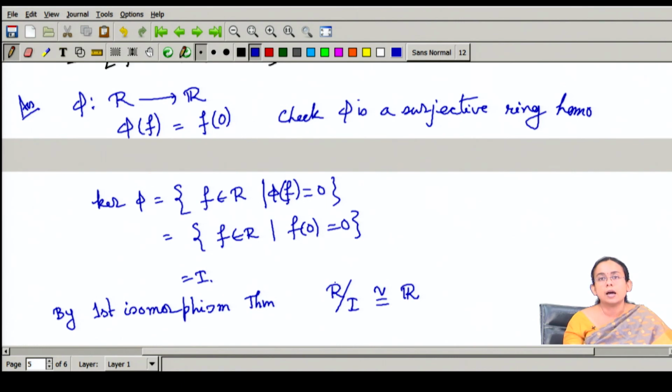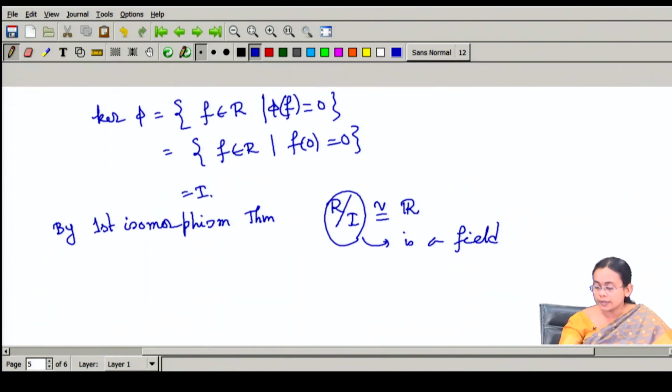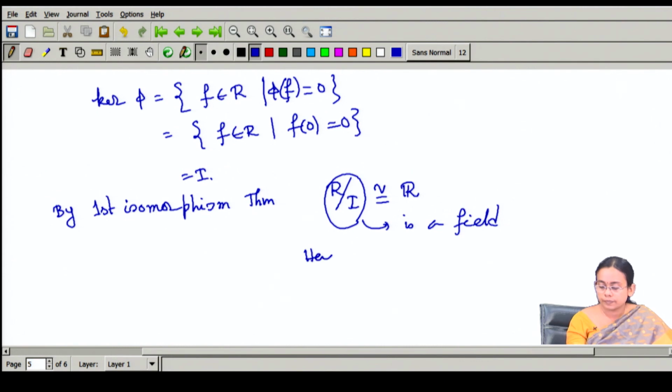Therefore, this R quotient I is a field, and hence I is a maximal ideal.